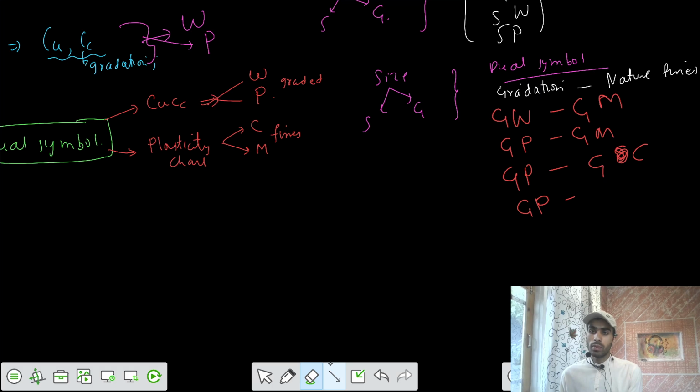What is the one more possibility for gravel? GW-GC: well graded gravel with clay as fines.